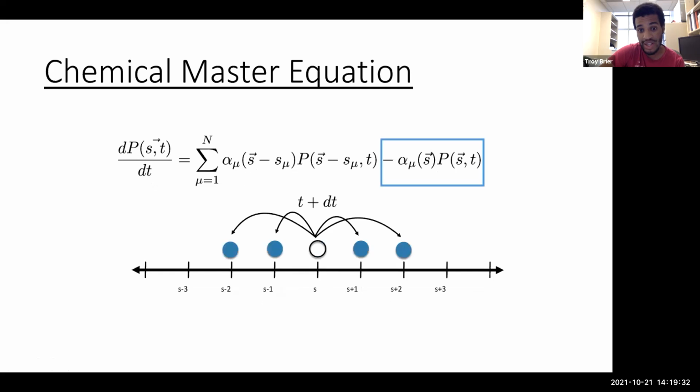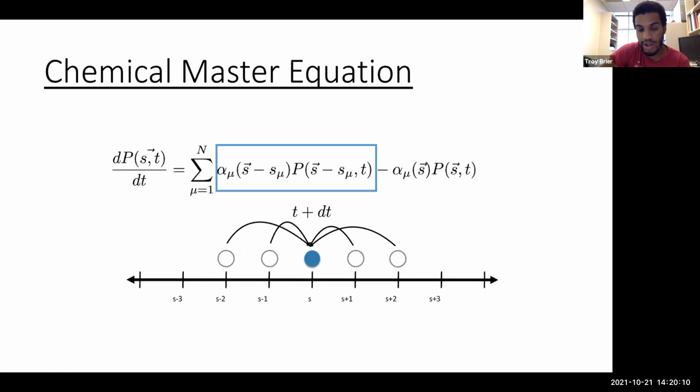And then you can think of the chemical master equation as a way to move between states. So you describe your system as transitions between different states. This first term, this term here that's boxed, is transitions out of your current state. So if your current state is S, it's transitioning to some other state. And so S-1 could be a degradation event occurring, for example, and then S+1 or +2 could be a transcription or translation event occurring where a new species is being generated.